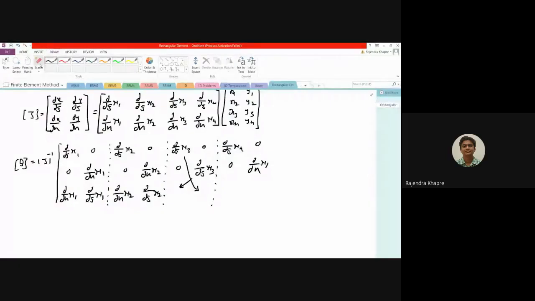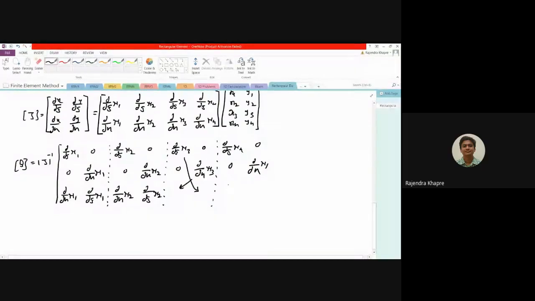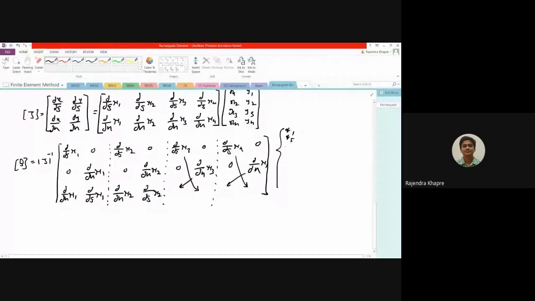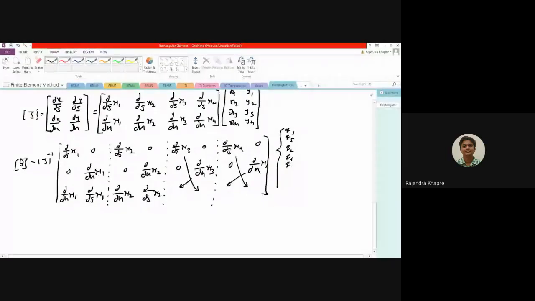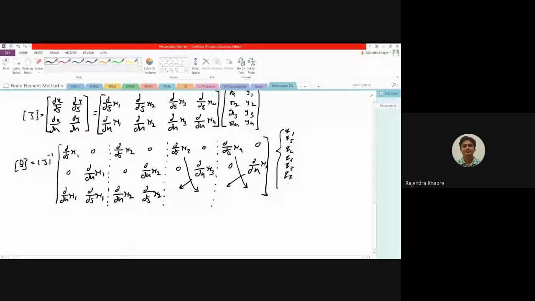I think by mistake I have written xi over here, it should be d eta. And this value will come over here, and this value will come over here. Now this will be multiplied by q1, q5, q2, q6, q3, q7, then q4 and q8.